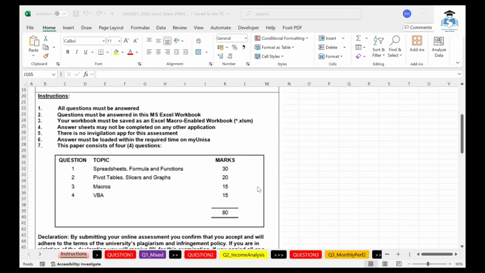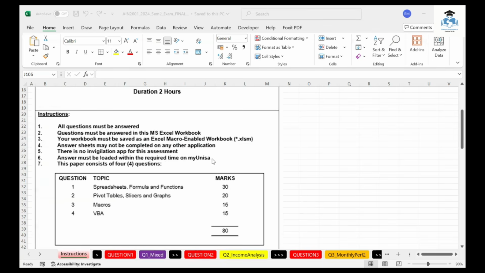Even those ones which are said to be elective, just do them. If you get more marks than the previous one that you did, then they will take the highest marks. So unless you have managed to score maybe above 80 or so on the one, then you can skip it. Okay.